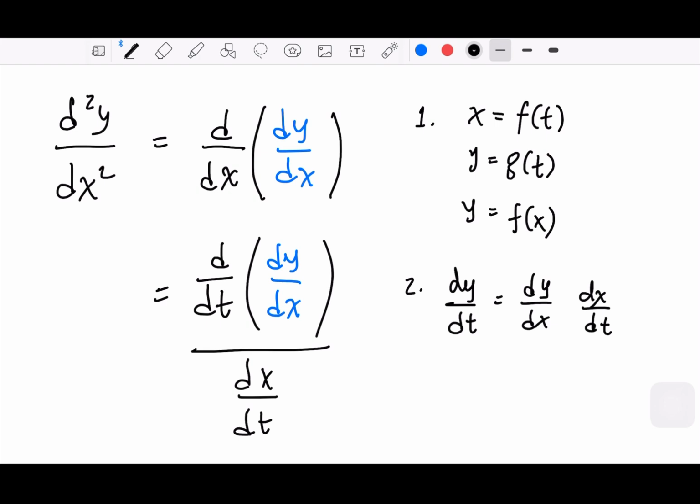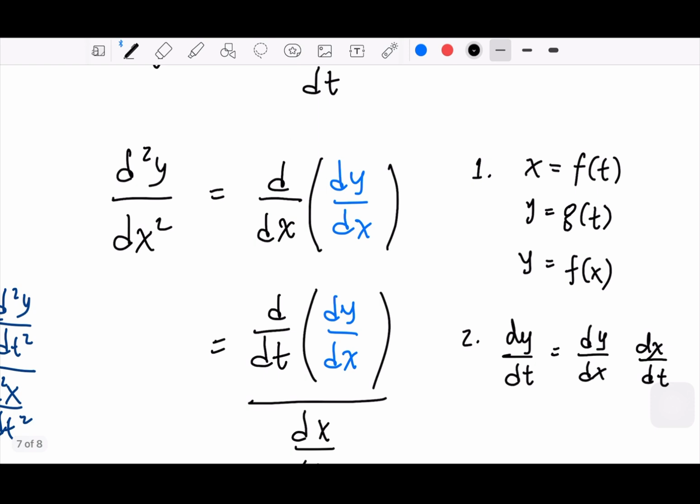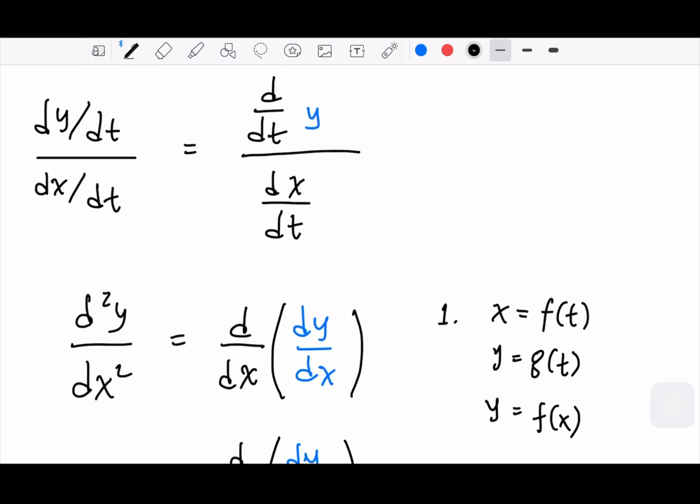And that's why when we have the second derivative like this, we need to derive this as in the first way the y is derived, which is d/dx and then dy/dx. Looking at the structure, it's simply the same as what we did here: d/dt of y, and then dx/dt.